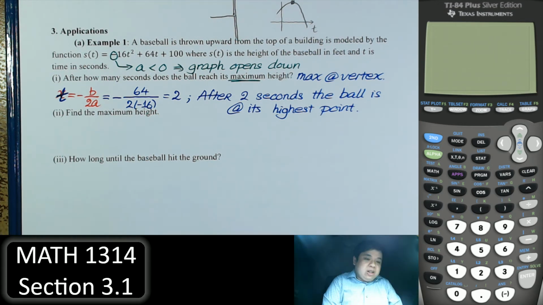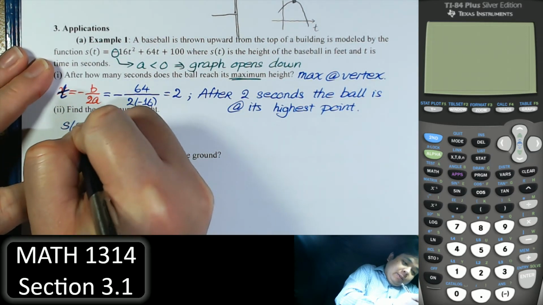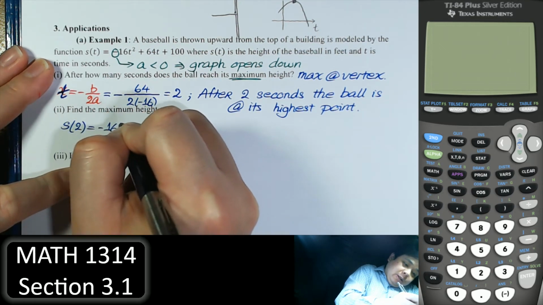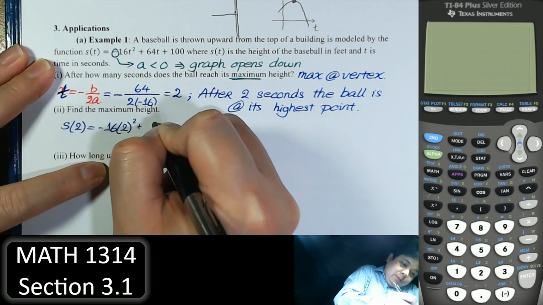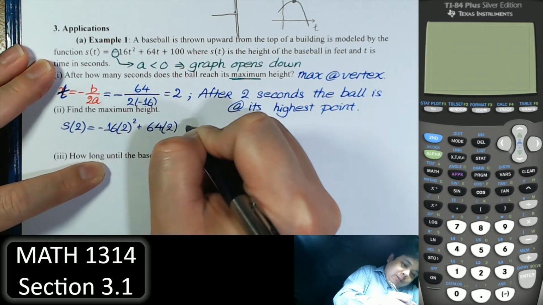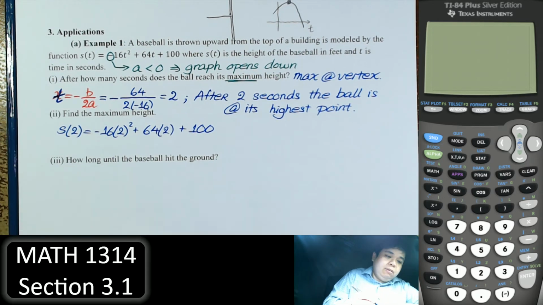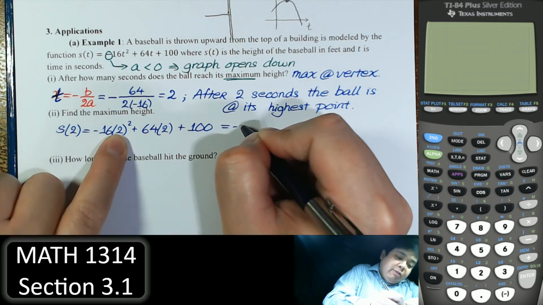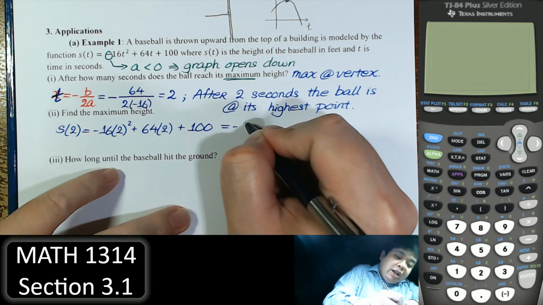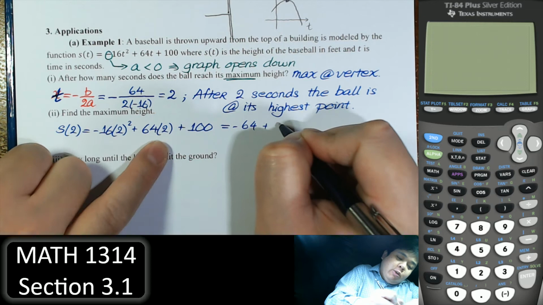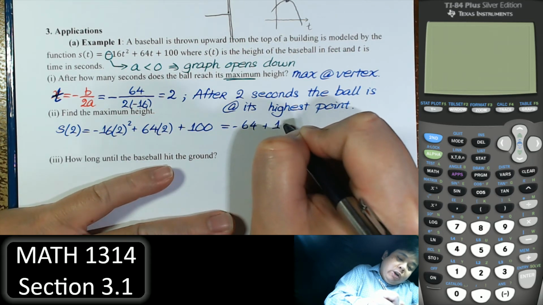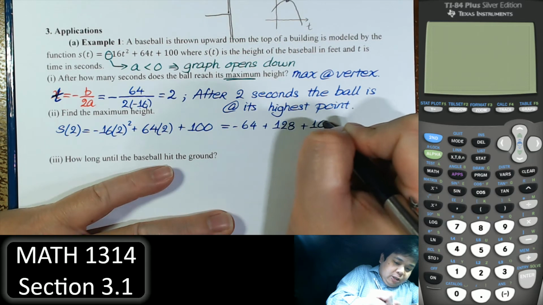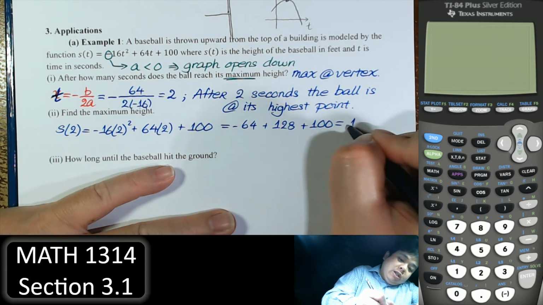Alright, and what is the maximum height? Now it's easy. We know it takes 2 seconds to get to the highest point. We're just going to put 2 in for it. Right, so we have negative 16 times 2 squared is 4, so it's negative 64, and 64 times 2 is 128 plus 100, so that's 164.